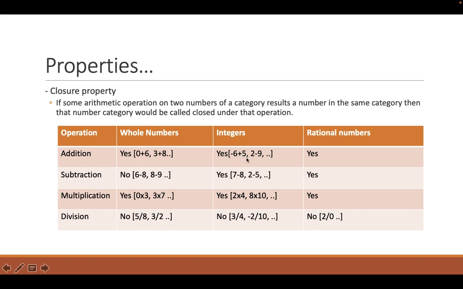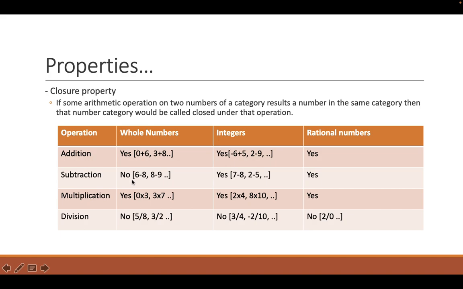Integers also, same. Addition with integers satisfies closure property. And rational numbers also, yes. Addition of two rational numbers also satisfies closure property. Now coming to subtraction, let's say whole number subtraction. Does it follow closure property? Whole numbers are from 0 to positive, and if you subtract, something might go to the negative side.